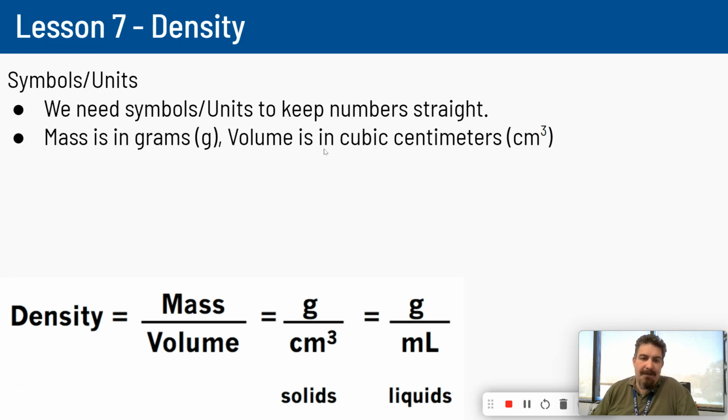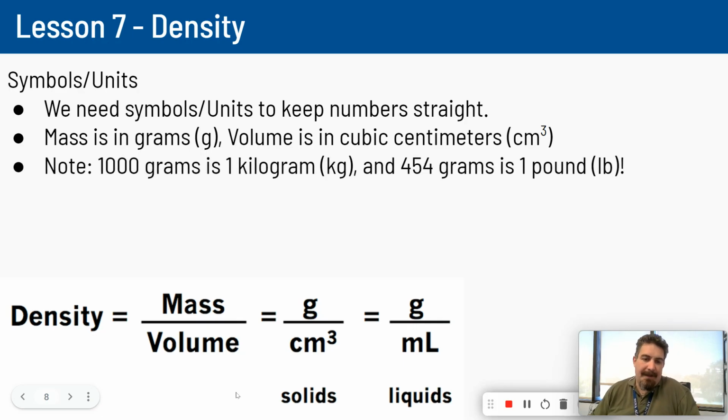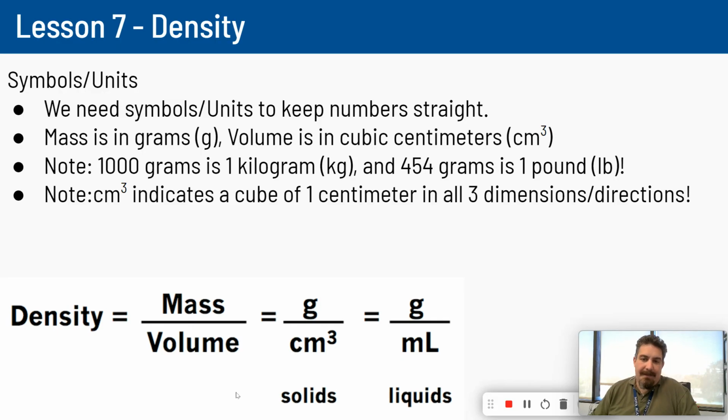However, volume in a solid is a cubic centimeter, cm for centimeter, and then that 3 on top. That's because there's 3 directions, right? Length, width, height. So there's 3 ways we're multiplying by. Okay? Now, remember that 1,000 grams is 1 kilogram, and just for fun, 454 grams is 1 pound. Okay? Now, cm3, like I said, all 3 directions.